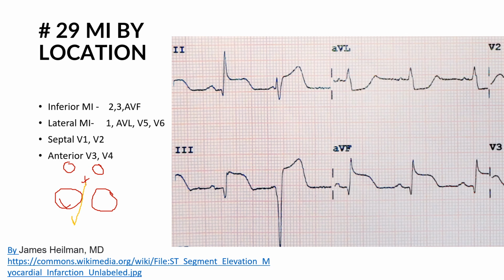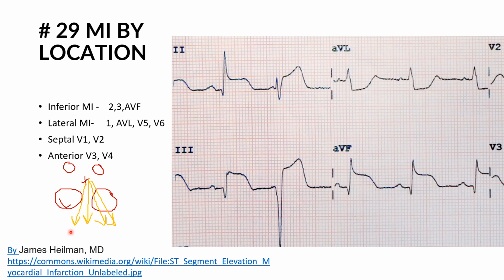V1, V2, we're looking at the same area of the heart. V3, V4. You notice 2 and 3 are pretty much looking at the same heart. So any two precordial leads, that's V1 through 6, or you can even wrap around the back of the heart, so that'd be 7, 8, 9, 9R, 8R, 7R.